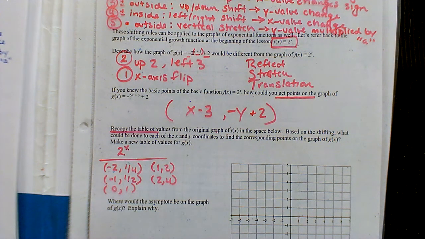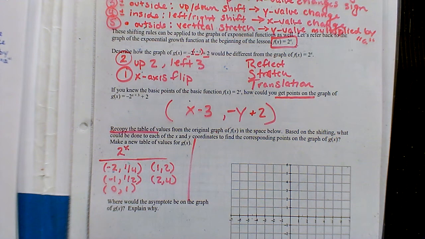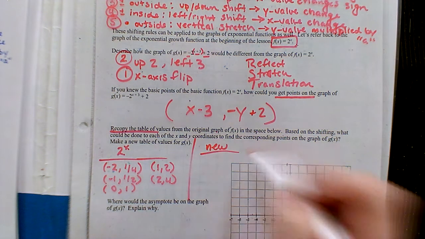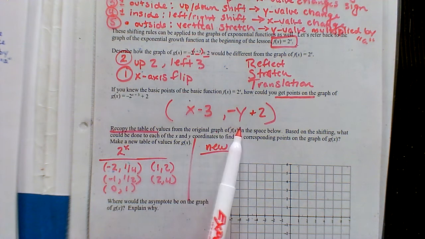Those were on the parent function. But now we decided to change those. We're doing some shifting, some flipping. So let's see if we can figure out the new ordered pairs. We're going to use this ordered pair setup that we just wrote down and apply it to those points from the parent function.